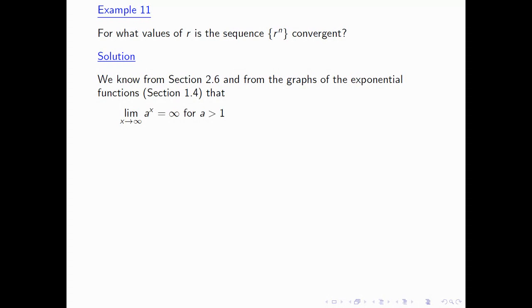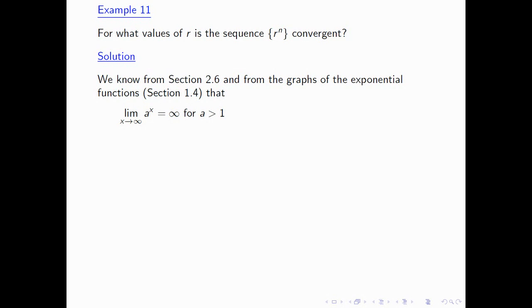Example 11: for what values of R is the sequence R to the n convergent? Again, we go back to a similar example from section 2.6, and the graphs of the exponential functions. We had that function a to the x, which was called the exponential function. It's exponential because the variable is in the exponent and the base a is fixed.